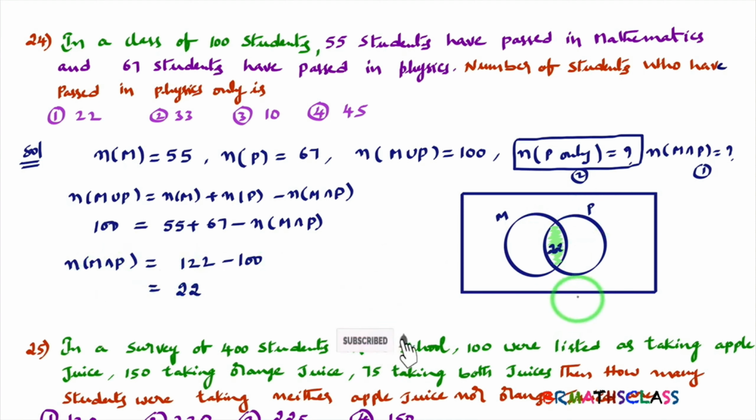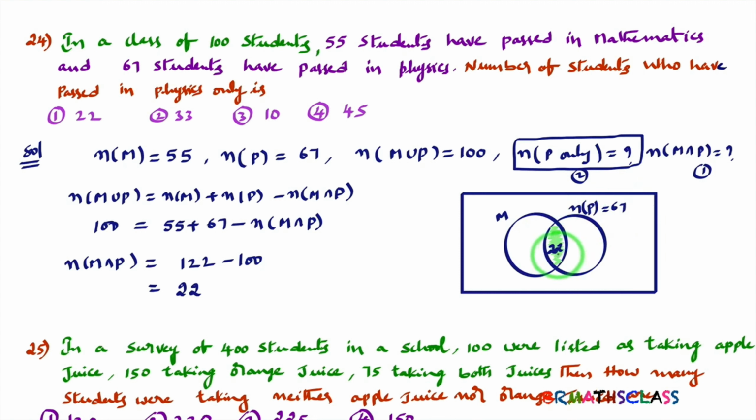This zone is 22. And what about physics? The number of students who passed physics, this whole part, is given as 67. N of P is given as 67. Please try to understand. So this full circle is 67. In this full circle, this intersection part is 22.